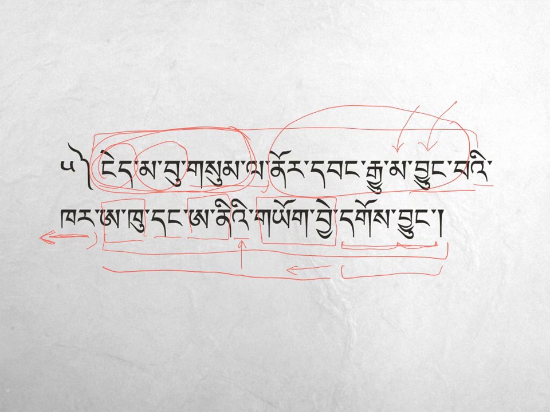So again, we'll isolate some vocabulary. So we have here gyu, the cause. And norwang is wealth and authority, 2 common words that mean wealth and authority.